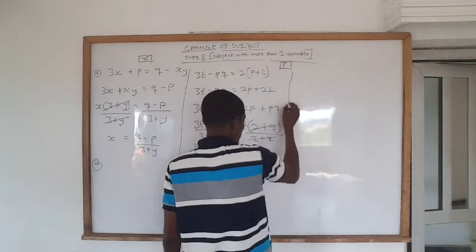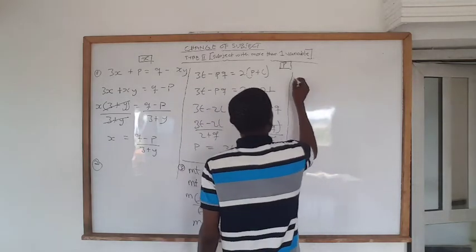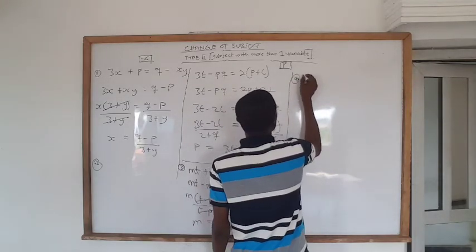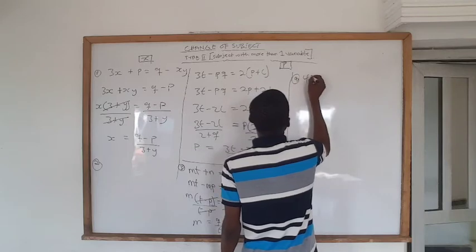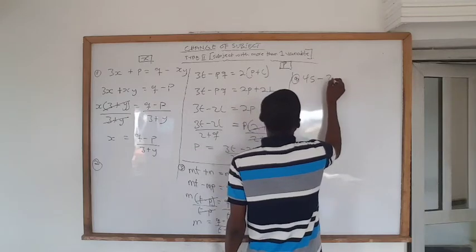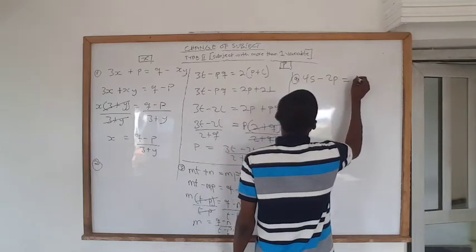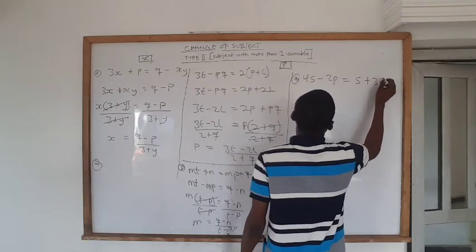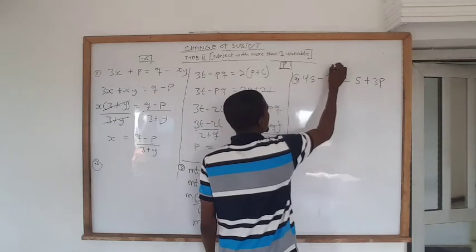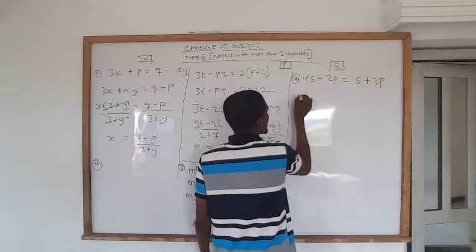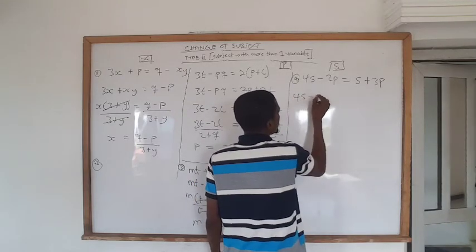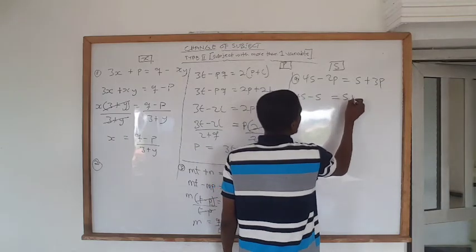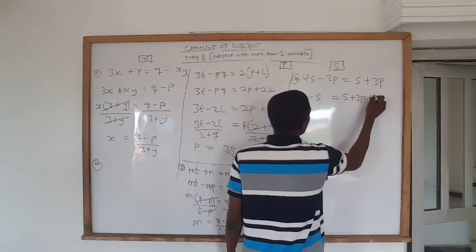Last question. If we have 4s minus 2p equals s plus 3p, now we are making s the subject. So we have 4s, when this comes in, minus s, equals 3p, then plus 2p.